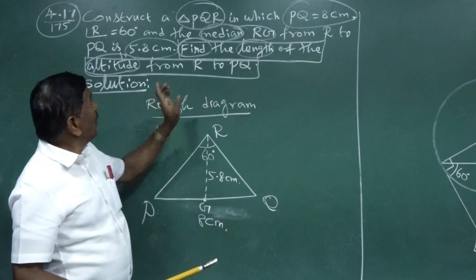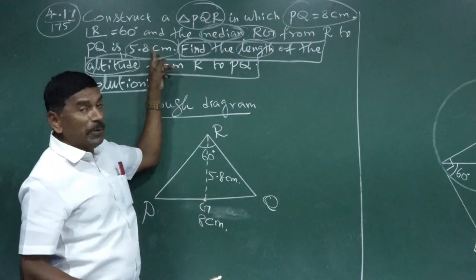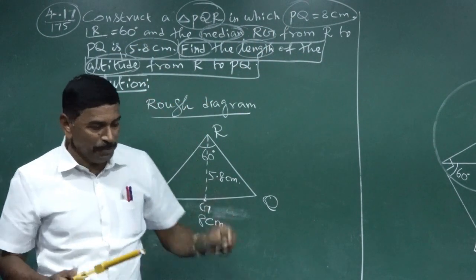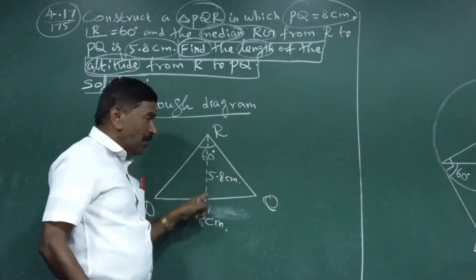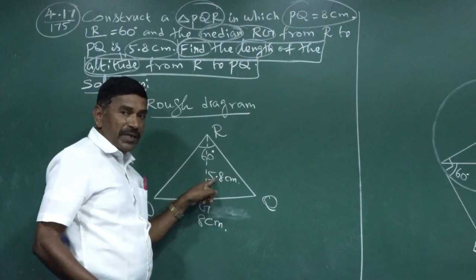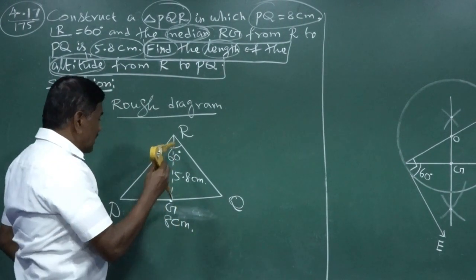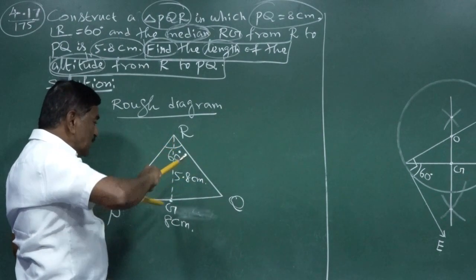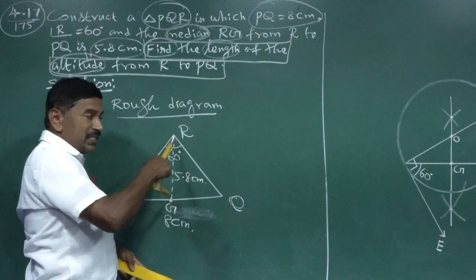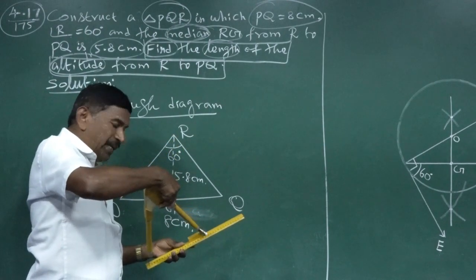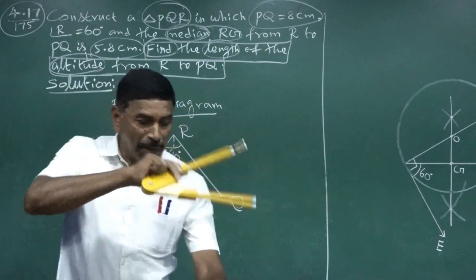Children listen. Now the question is, the median RG from R to PQ is 5.8 centimeter, which means 5.8 centimeter as a radius. G as a center, 5.8 centimeter as a radius, using scale, take 5.8 centimeter, G as a center, we want to cut the circle, both the left and the right.